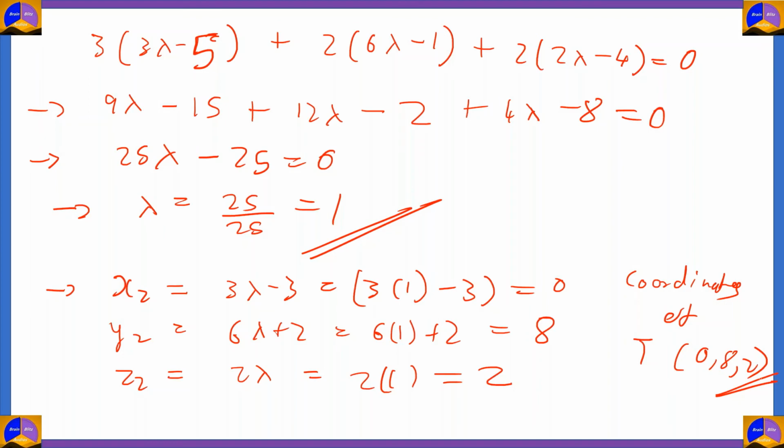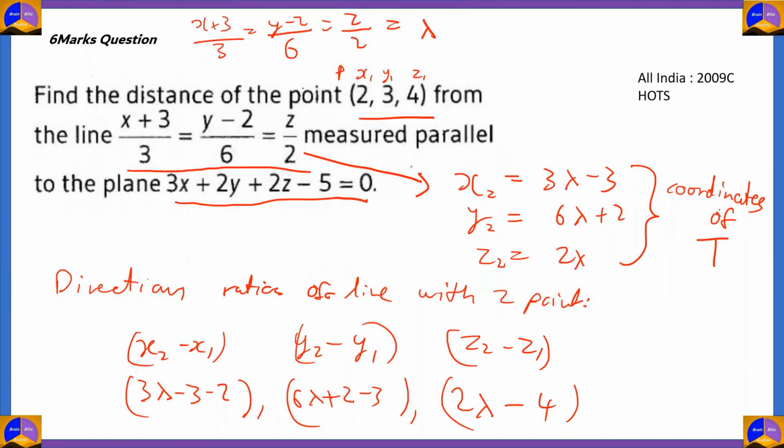So we're now going to find out the main part of the question, the distance of the point P from the line x plus 3 by 3, y minus 2 by 6, and z by 2.